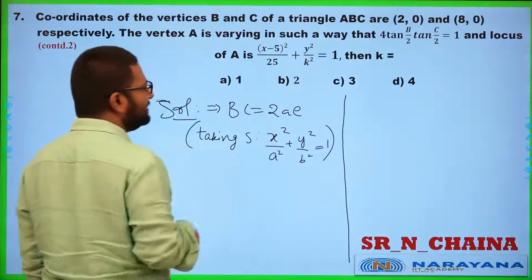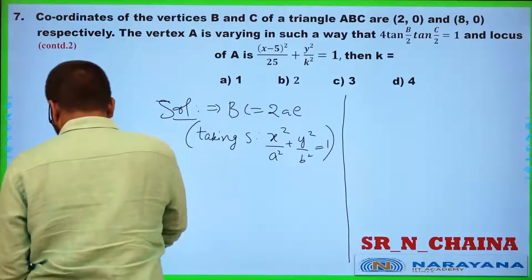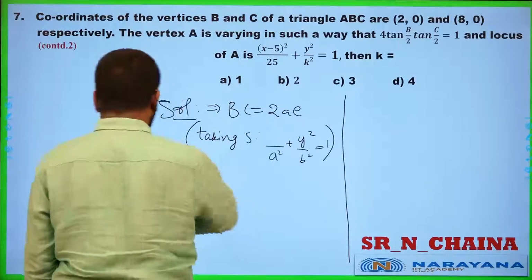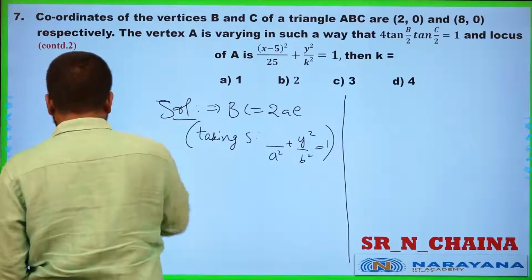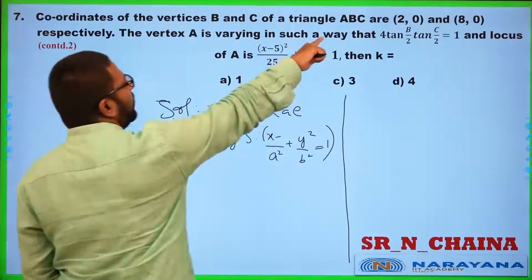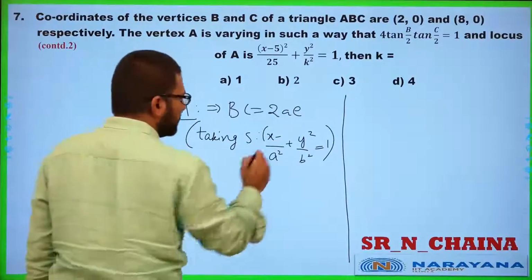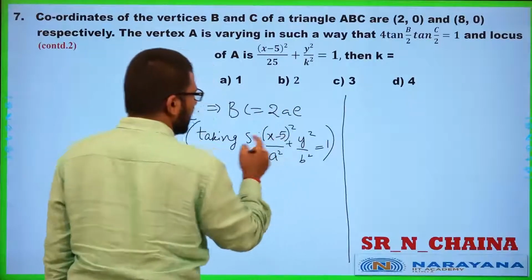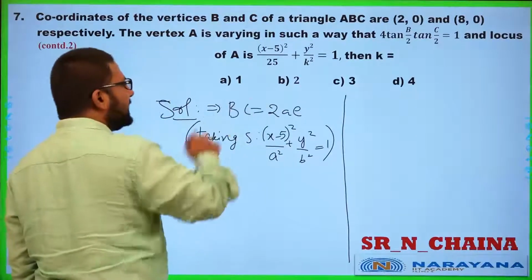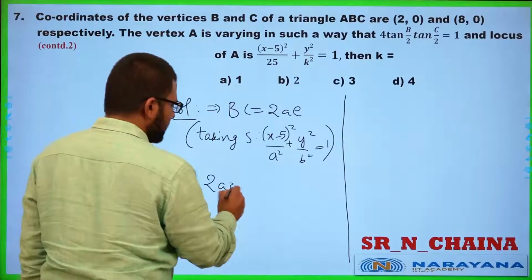Actually, it is not a standard ellipse, it is a shifted ellipse, because the center is not the origin. What is the center of this ellipse? What is the center of B and C? 2, 0 and 8, 0. The center is 5, 0. So x minus 5 the whole square upon a square plus y square by b square equal to 1. BC is 2AE, which means 2AE is equal to 6.